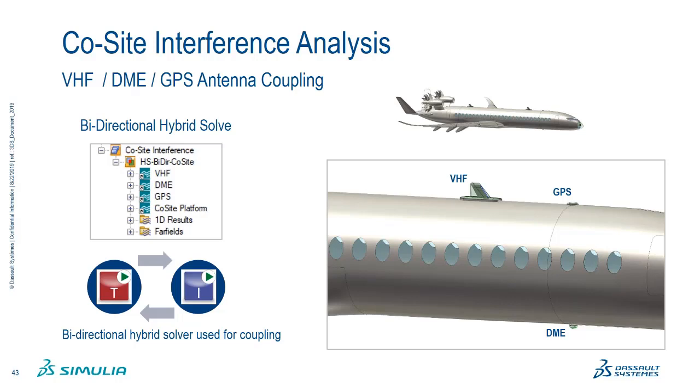So we may, for example, use the transient solver for the lower part of the spectrum, as it provides broadband response with very fine frequency resolution. And then we may combine this with a bidirectional hybrid transient integral equation solver for the upper part of the spectrum. Another option would be to use brute force simulation using the transient solver and high performance computing such as MPI. SIMULIA offers all of these different solution methods.